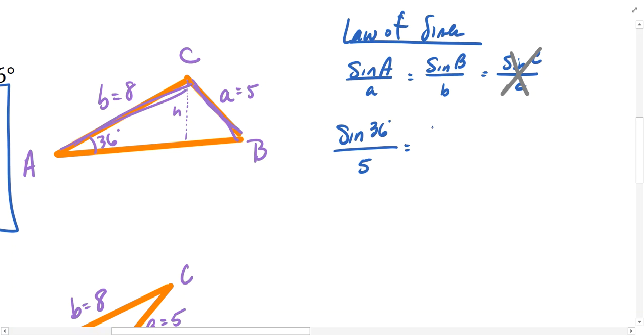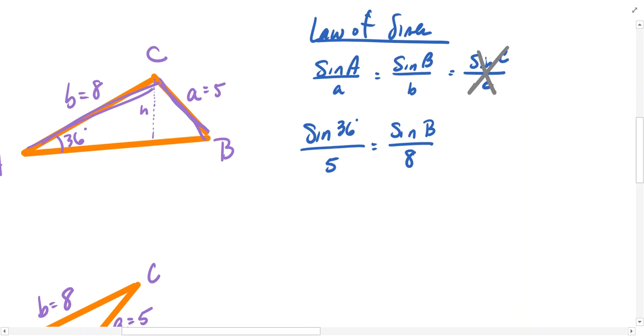And we know that sine of angle B, which is unknown, is going to be divided by side length 8.